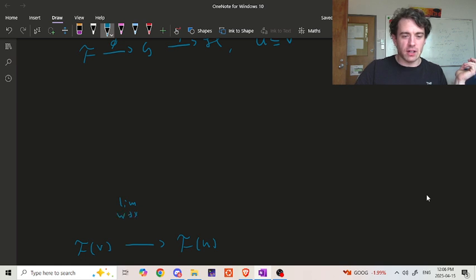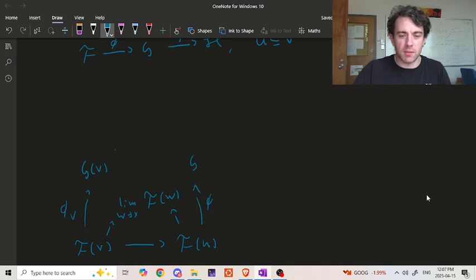The stalk at X, which is the limit over all the open sets containing X. And I'll just stack the diagram like this. So I can also take now my morphism phi V to get a map into GV, and phi U to get a map into GU.